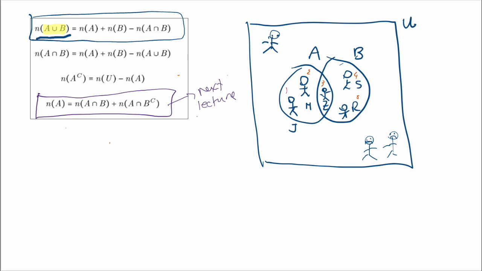But I want to know the number of people of this union, right? So I want to know how many people like ice cream or cake. This formula is telling us that you can find this number by taking the number of people that like ice cream, and you have to sum it up with the number of people that like cake.